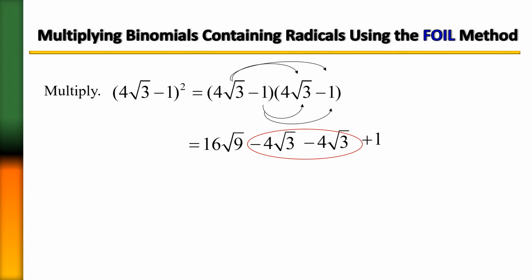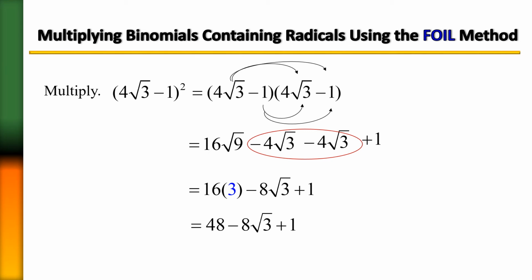And we're going to combine the outside, combining a negative 4 with a negative 4 is going to give me a negative 8. Because remember, if the signs are the same, keep the sign and add the numbers. And then I'm going to go ahead and do 16 times 3, which is going to give me the 48.